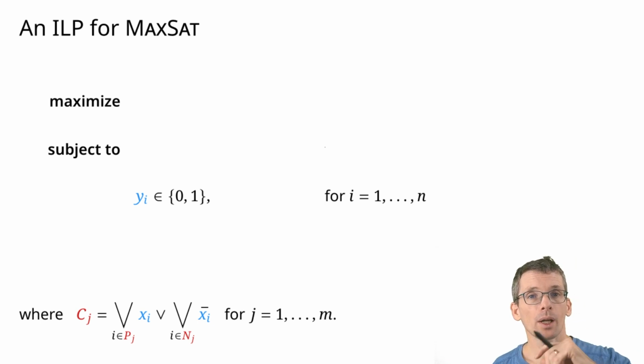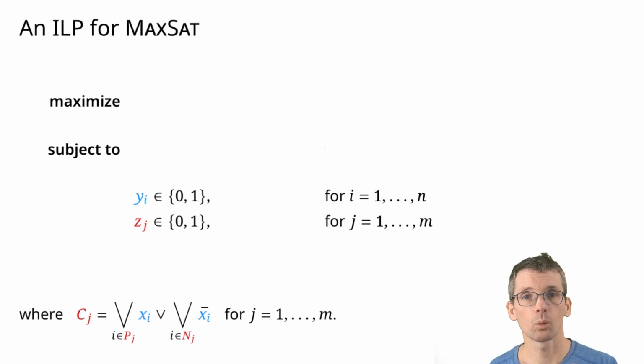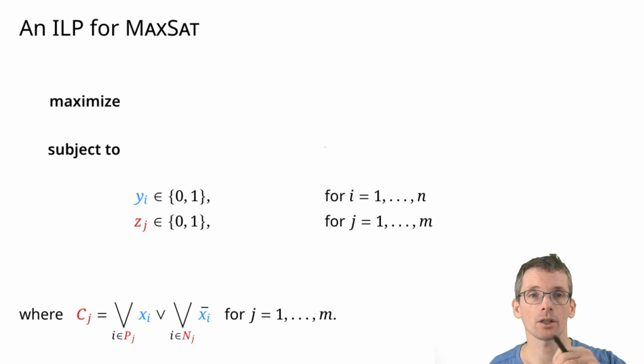To express our objective function, we will also want to have variables for the clauses. So we have one variable per clause, and we'll call those zj. And this variable will express that the clause is actually satisfied.